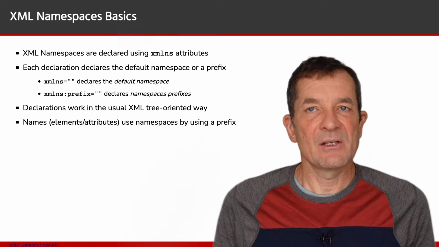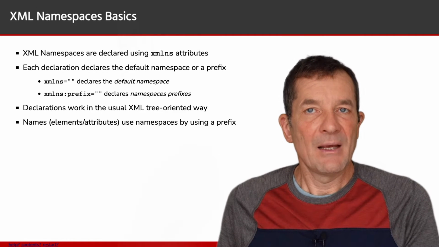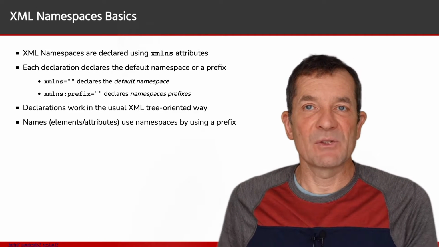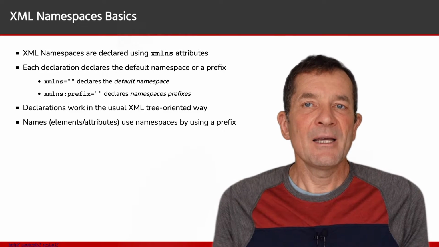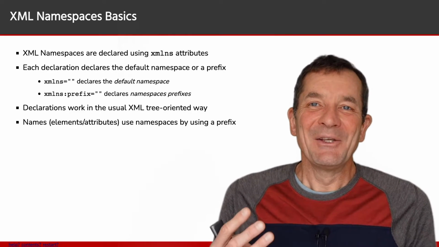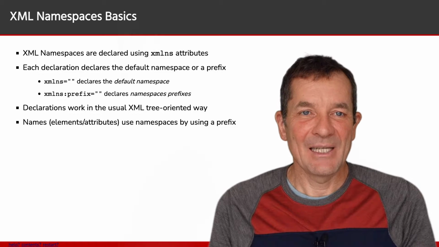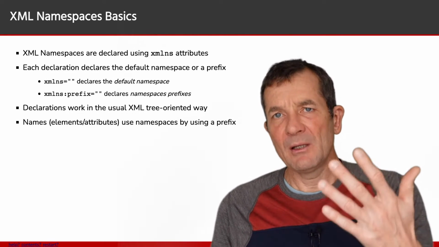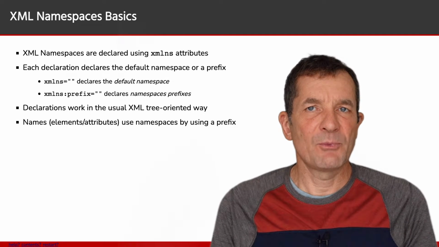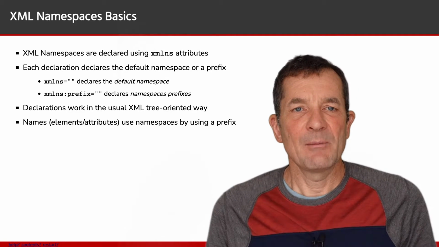And in both cases, the attribute then specifies a namespace name. So this is how you declare a namespace where a document says, I am probably using this XML namespace. And these declarations can be anywhere. They should be on the document element. That would be a good practice. We'll look into this later, but they can be anywhere.